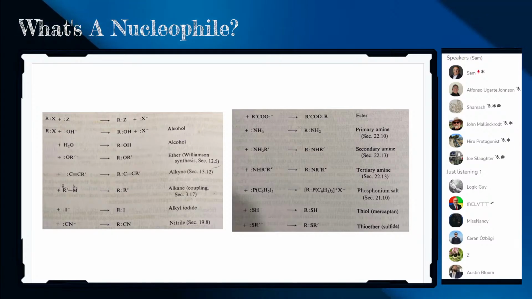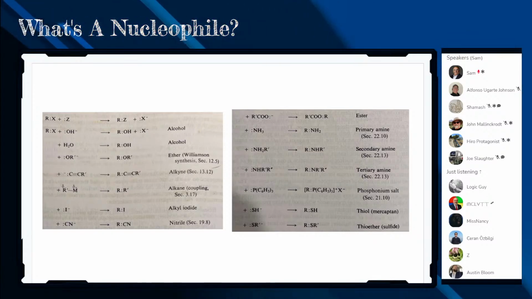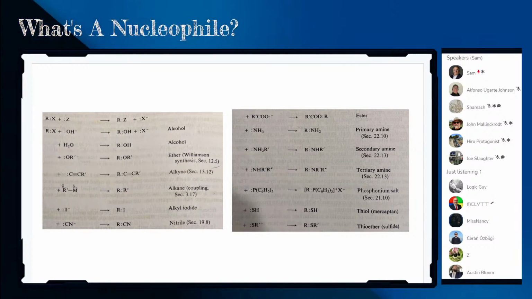And so this is there to show you why we harp on this nucleophilic substitution reaction, because as you see here, all of these functional groups, if you want to make them, you make them through a nucleophilic substitution reaction.